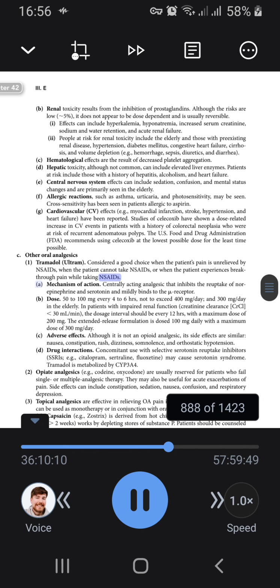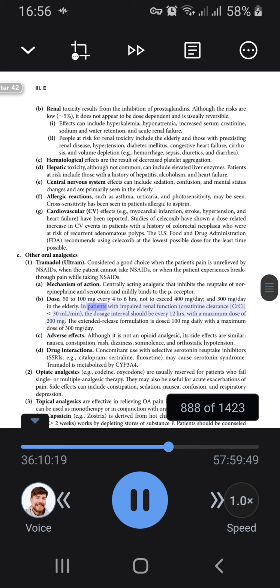A. Mechanism of action. Centrally acting analgesic that inhibits the reuptake of norepinephrine and serotonin and mildly binds to the mu receptor. B. Dose. 50 to 100 milligrams every 4 to 6 hours, not to exceed 400 milligrams a day, and 300 milligrams a day in the elderly.